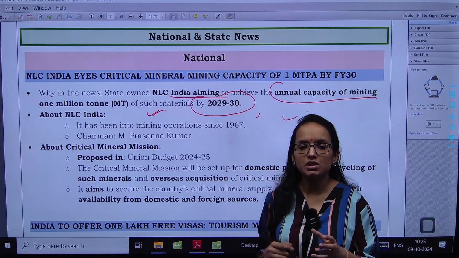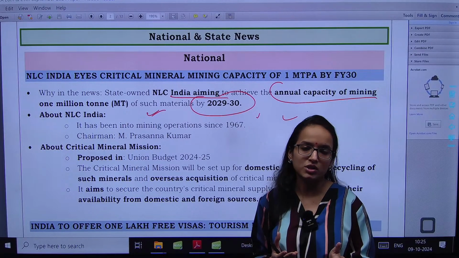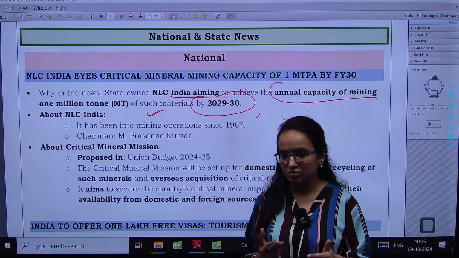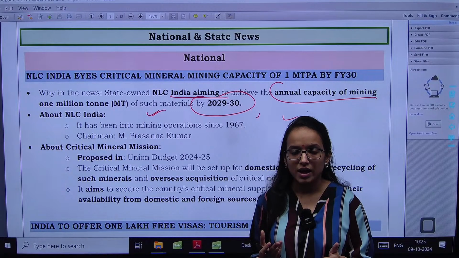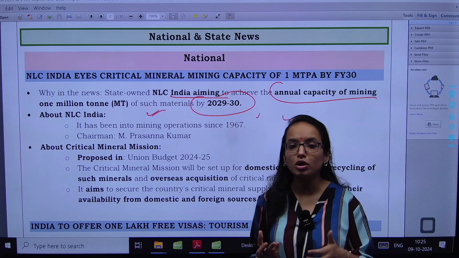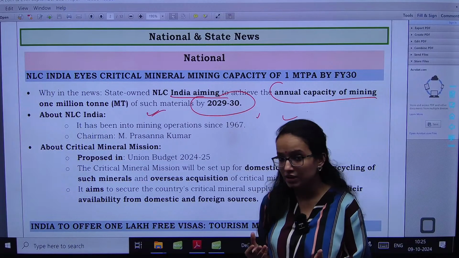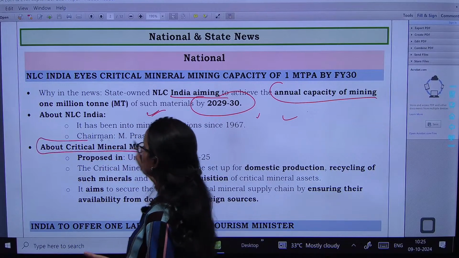They hold significance because they are the minerals which can be used for renewable power generation and production. And they hold a lot of significance for the economies. That's why everyone is running behind critical minerals, right? And we have a critical mineral mission dedicated to it.